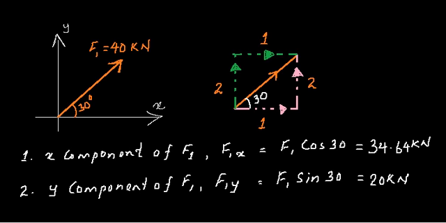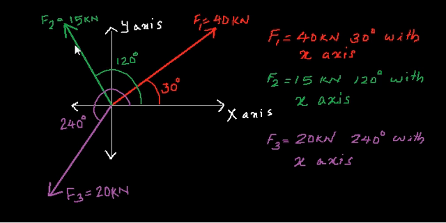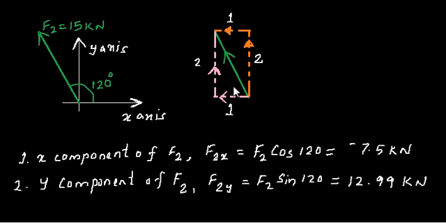So what we are going to do now is resolving the other two forces. So let's consider the second force of 15 kilonewton acting at an angle 120 degree with the x-axis. Again, that's been shown as a parallelogram. Here it's a square or a rectangle. You can either create a lower triangle or an upper triangle.